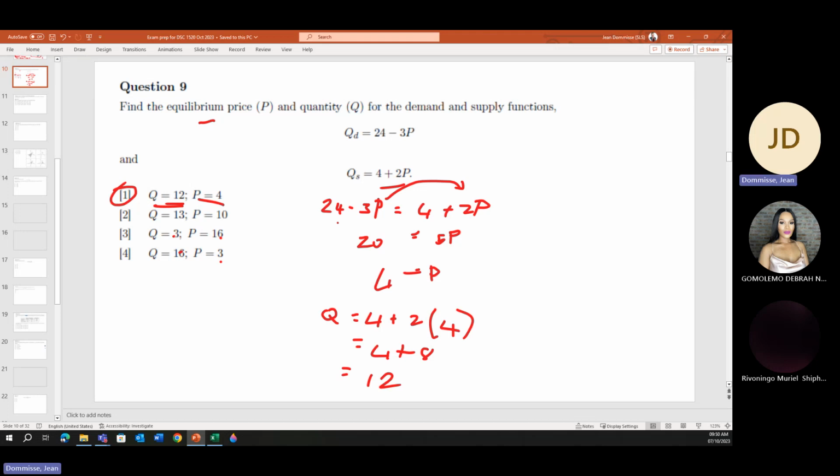Okay, so that was again price and quantity from demand and supply functions, and you needed to go back to what the equilibrium is.